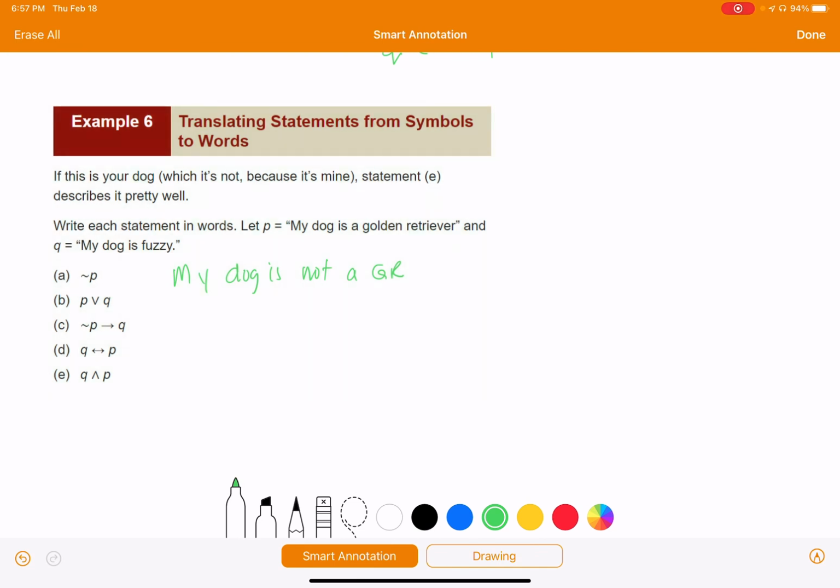If it says P or Q, you can say my dog is a golden retriever or my dog is fuzzy. I'm not going to write the whole thing out, but we're going to use or there. The conditional statement is not P, so if my dog is not a golden retriever, then my dog is fuzzy.